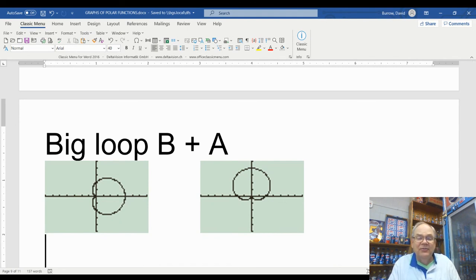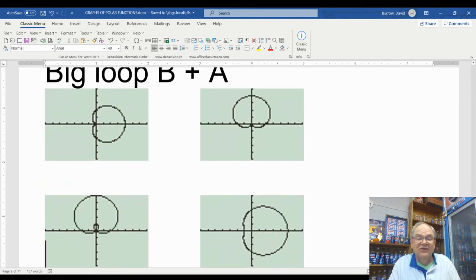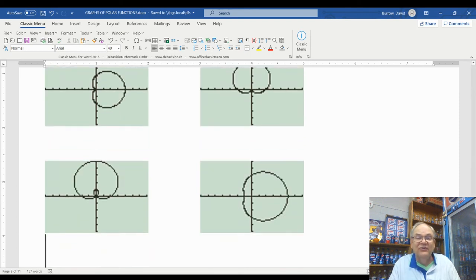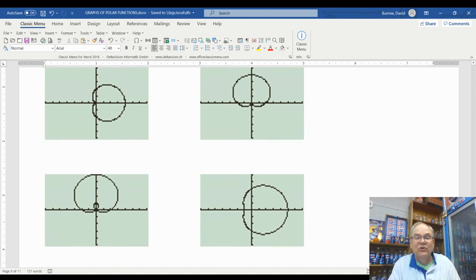On the two problems I have here, the first one happens to be 2 plus 2 cosine theta. The second one is 2 plus 2 sine theta. Once again, you can tell that cosine goes around the x-axis, sine goes around the y-axis, and with 2 plus 2, they both go out as far as 4.